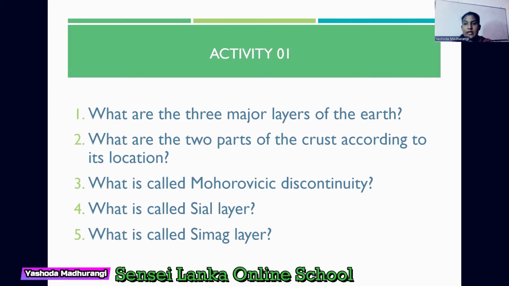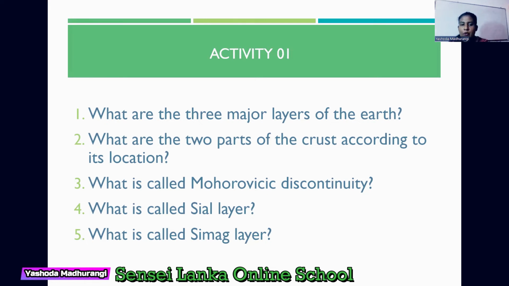Continental crust and the oceanic crust. What is called Mohorovicic discontinuity? I told you it is a boundary. Which boundary? The boundary that separates the crust from the mantle.